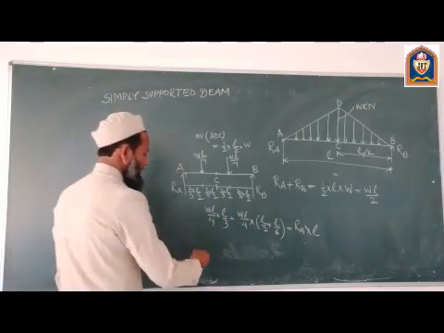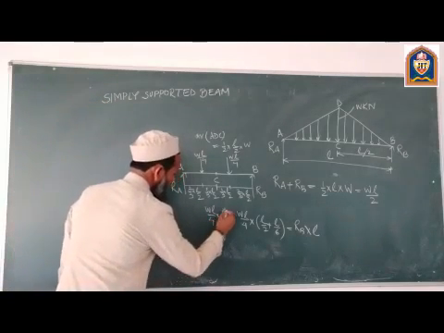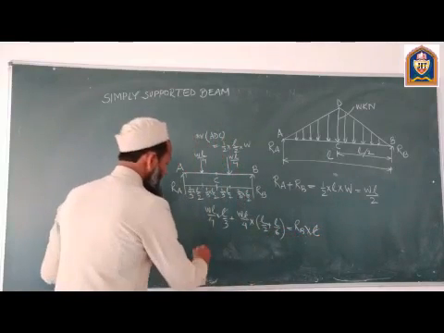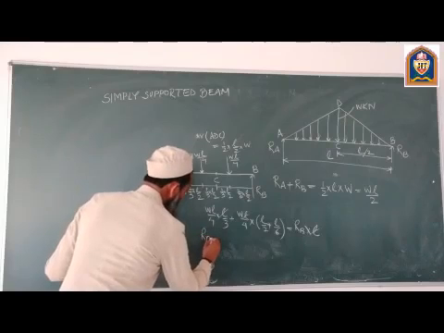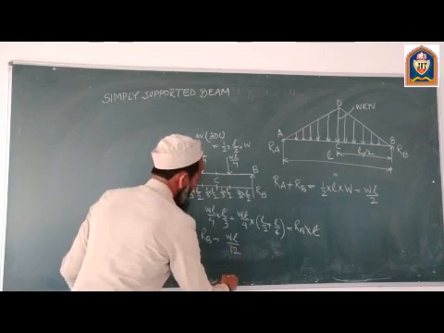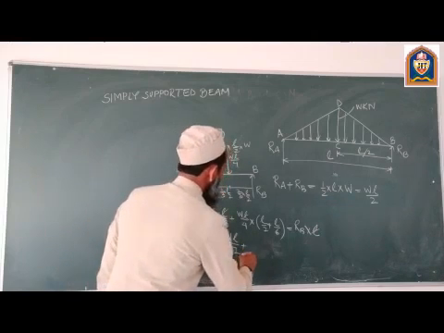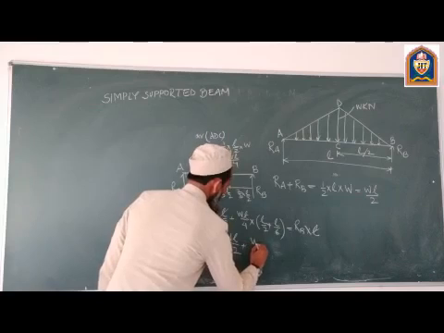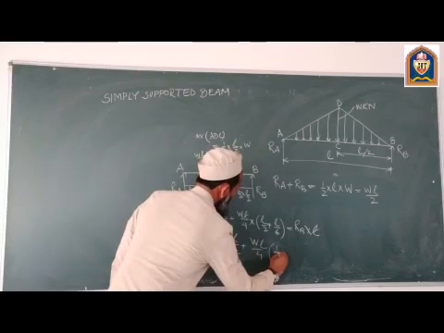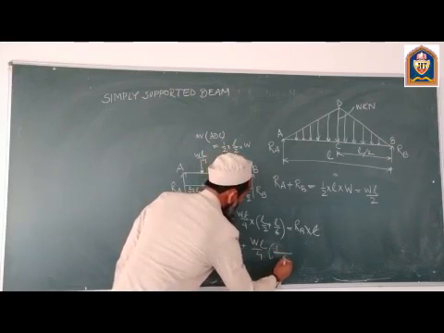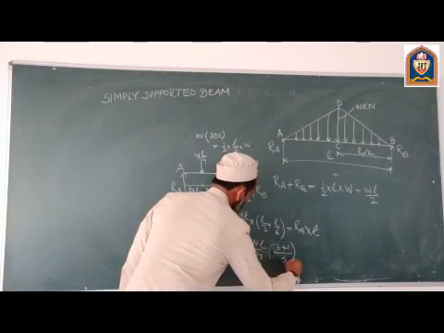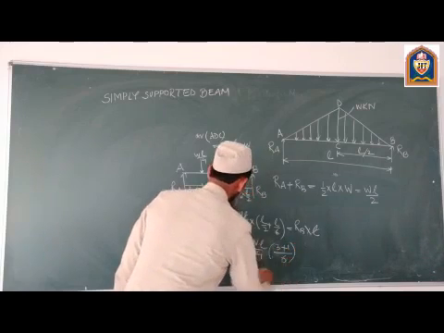Now when we solve this, this L and this L cancel off, so RB is equal to WL upon 12 plus WL upon 4 multiplied by 1 by 6 and 3 plus 1, which is RB.